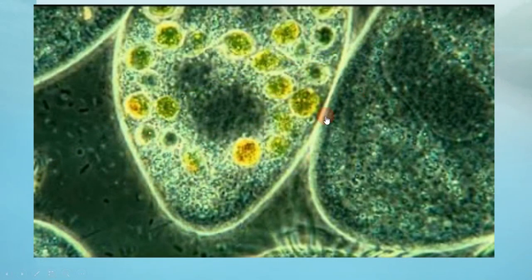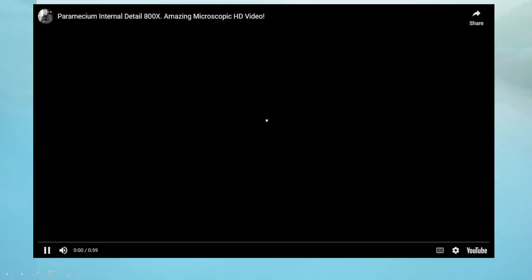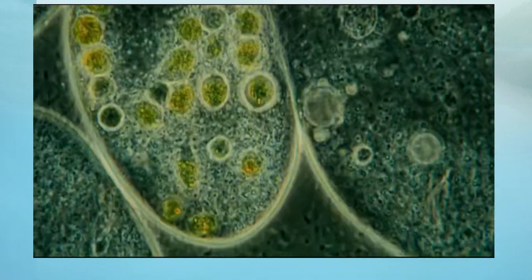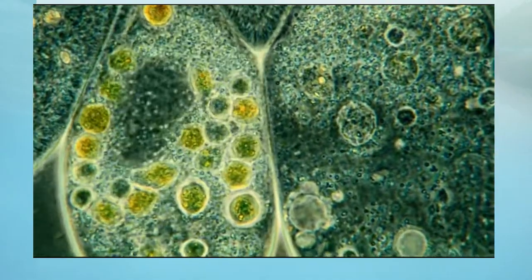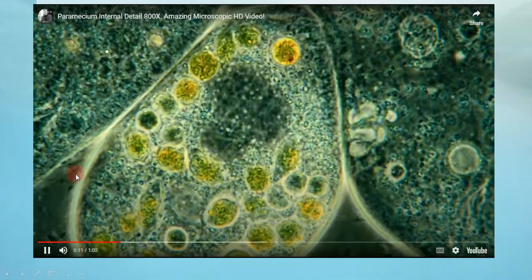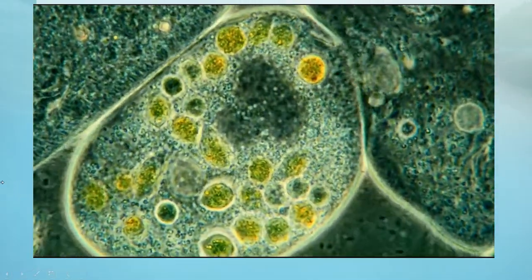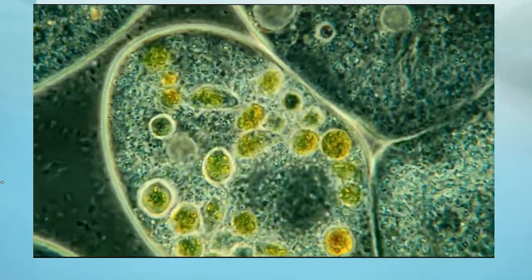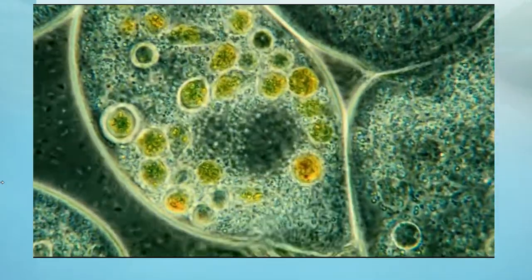All right, let's see if this video works. Oh, good. You're going to see those cilia beating. They moved away from it, sadly, because it was really nice looking. Right here, you can see it moving. This is a large group of them because you can't really see their structure very well.